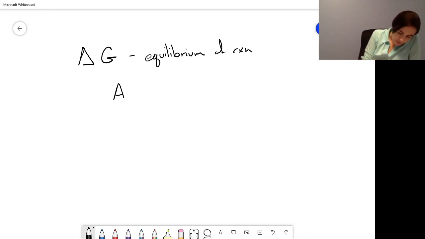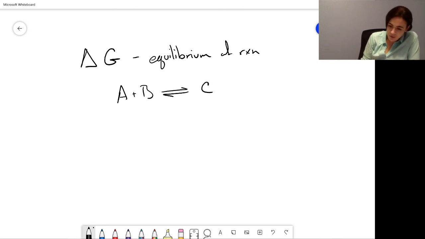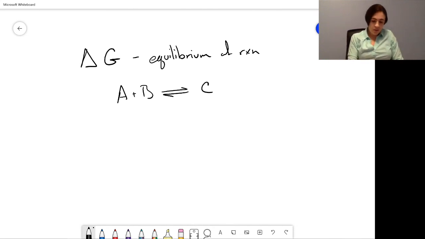Right, so if we have A plus B, well, I'm doing some fun things tonight. A plus B goes to C. We can define this in terms of an equilibrium, and we can actually predict which one we're going to make more of based on the relative delta H's.